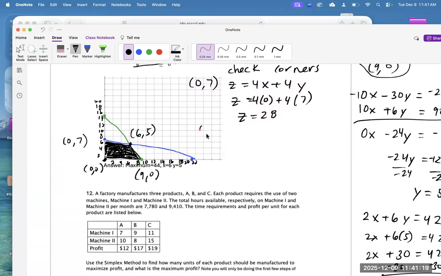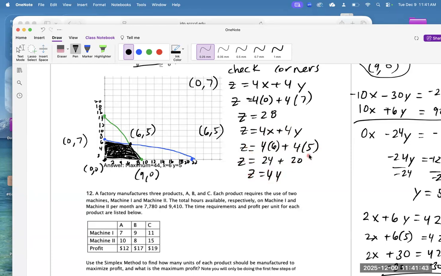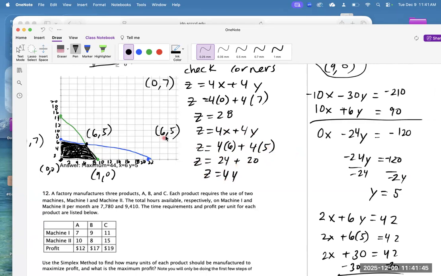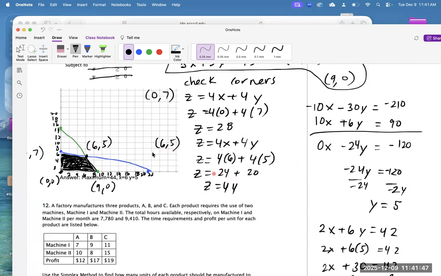Now let's check the point 6, 5. That's 24 plus 20, so z equals 44. So far, 6, 5 is the maximum value.